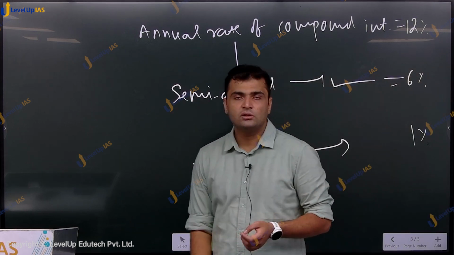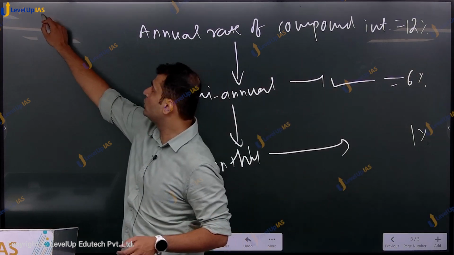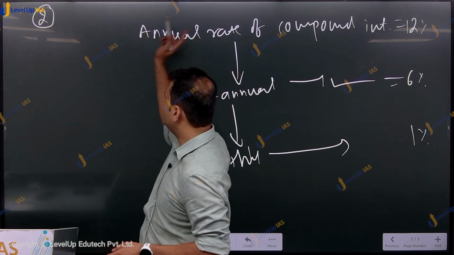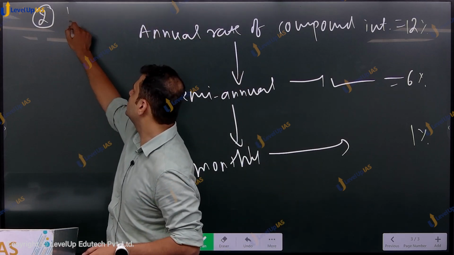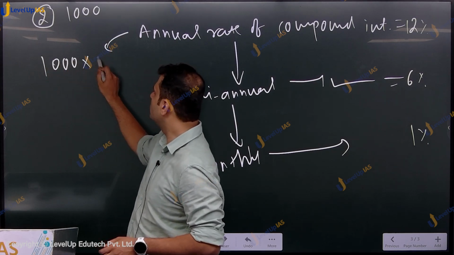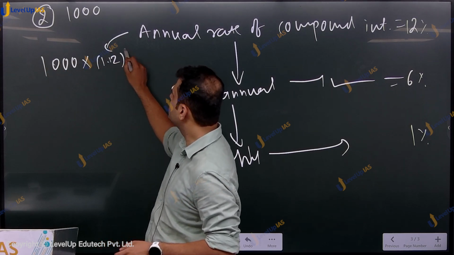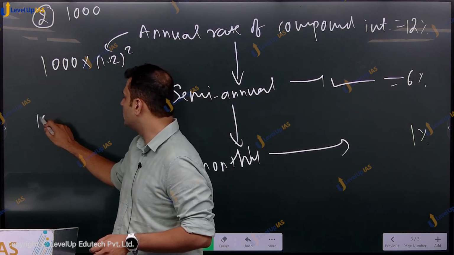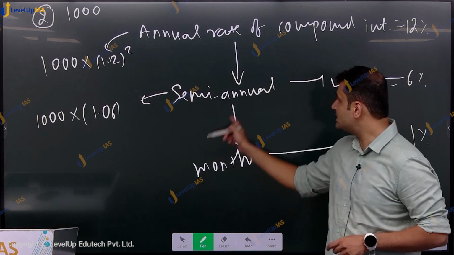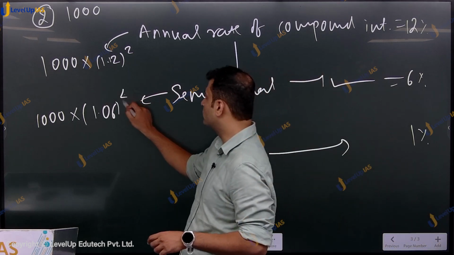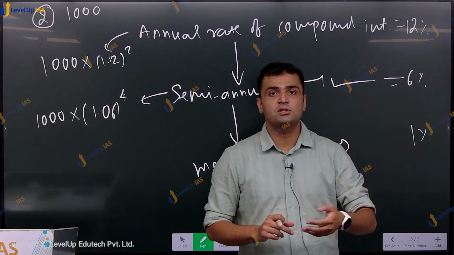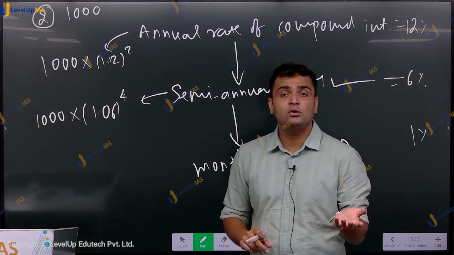In each case, what happens if I want to calculate what happens to my money at the end of 2 years? This is 12% now. So my money, let us say 1000 rupees, will become 1000 into 1.12 squared. In this case, my money will become 1000 into 1.06 because 6%. But this is 6 monthly na, so it will be power 4. 6 months will be 4 times in 2 years. 6 plus 6 plus 6 plus 6, 2 years hai na, so the 6 monthly period would be 4 times here.